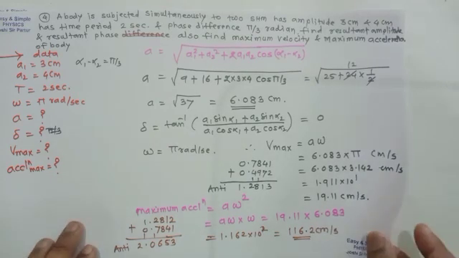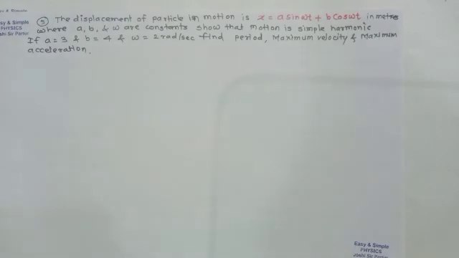Again, we have solved another example. In this another example, the displacement of a particle in motion is x equal to a sin omega t plus b cos omega t in meter, where a, b and omega are constants.